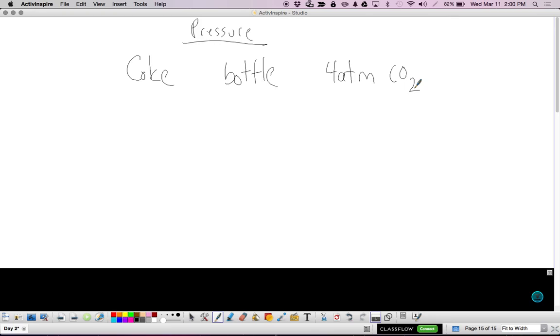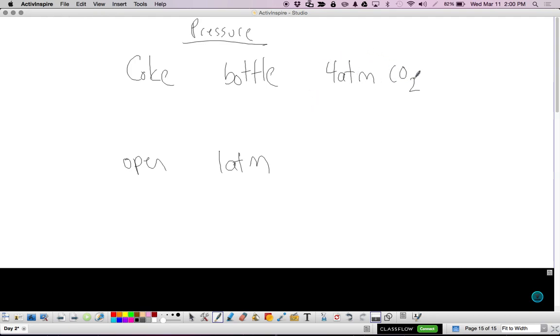Now, when you do that, that's going to force some of the carbon dioxide into solution, because that's a high pressure. Then when you get your bottle of Coke and you open it, you go down to 1 atmosphere, and even more, you'll let in other gases.